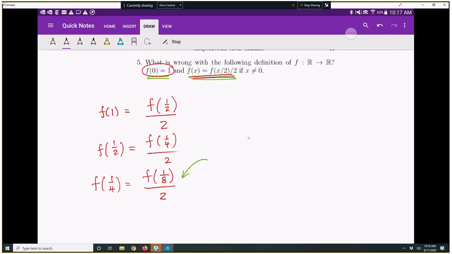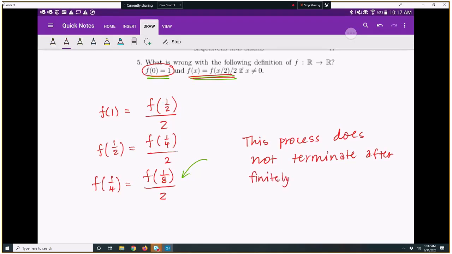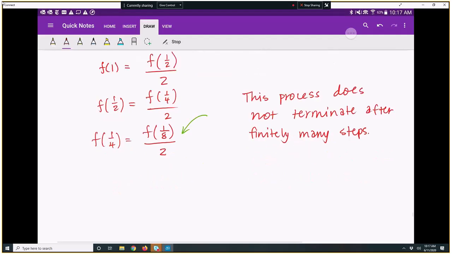So essentially, this process does not terminate after finitely many steps. So this is not a valid recursive definition, because I never will get to where I can use the information that I was given.